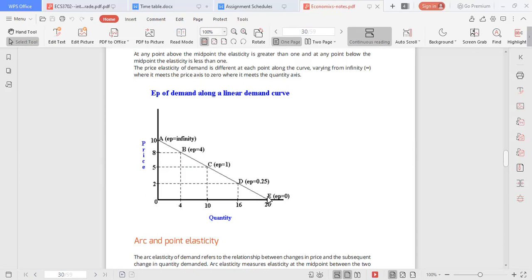But a cigarette which was costing 1 rand, if the price increases to 4 rand, that is an increase of about 400%. But it looks like it's still very inexpensive.